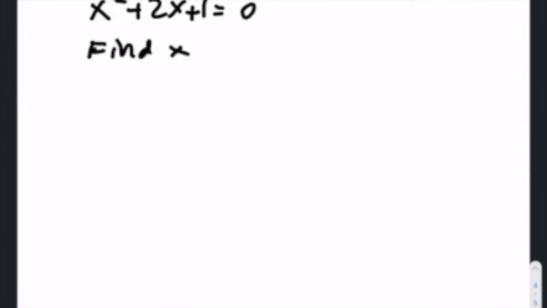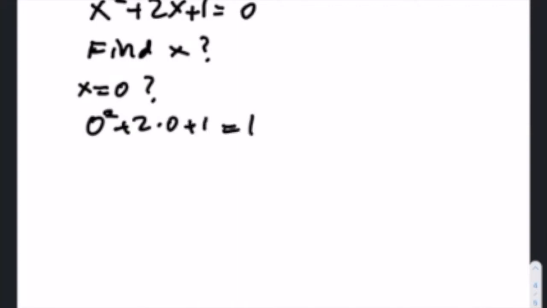So first, what if I say x squared plus 2x plus 1 equals 0, and find x? Well, we don't know how to solve this yet, right? All I've done is explain quadratics, but something you can do, and this is really introductory, is use guess and check and see what values of x might work. Let's try x equals 0. We get 0 squared plus 2 times 0 plus 1. That's 1, which is not 0. Let's try 1. 1 squared plus 2 times 1 plus 1.